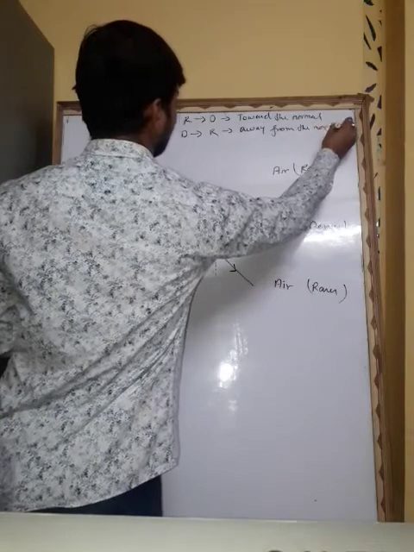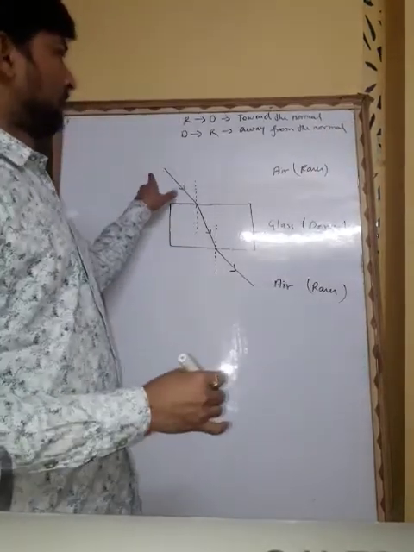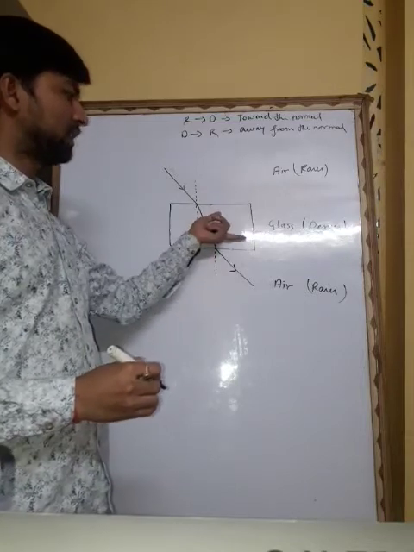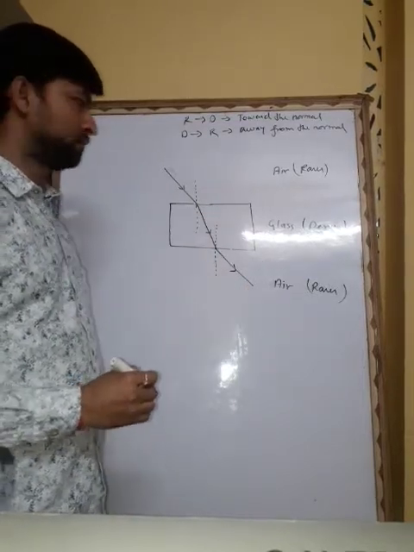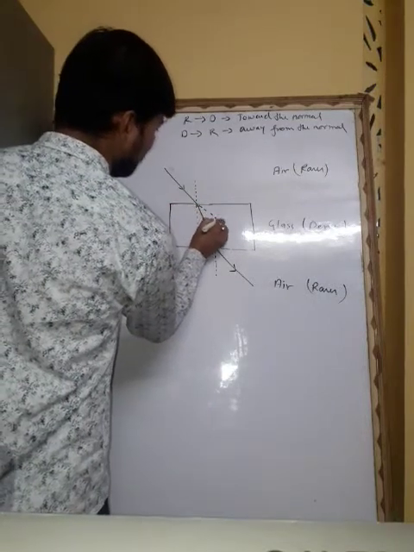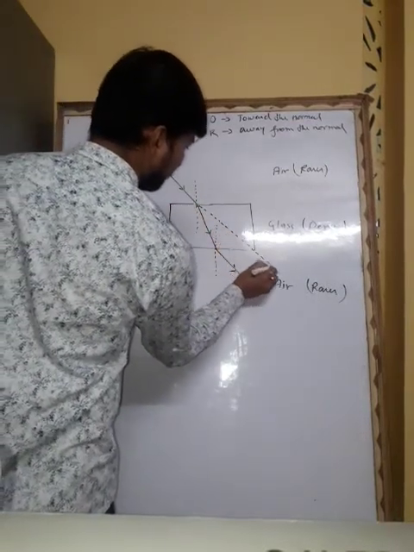That is, from rarer to denser it moves towards the normal, and from denser to rarer it moves away from the normal.